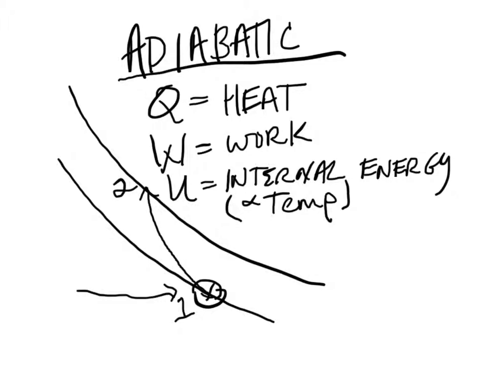If that air mass drops down quickly to lower altitude, the pressure on it will crank up. And the key is, if it does it quickly, because the transition is so quick, the amount of heat, Q, that can enter or leave the gas is equal to 0.